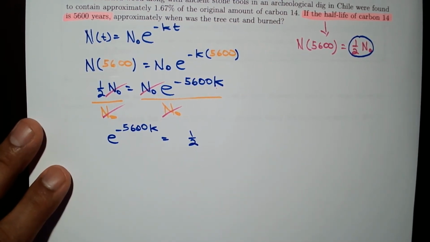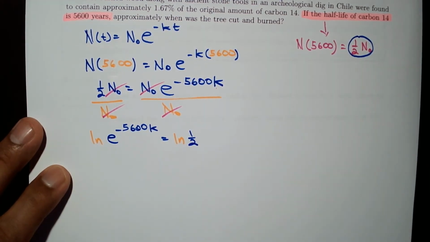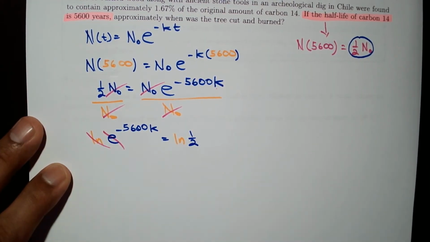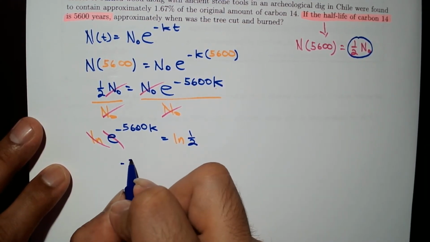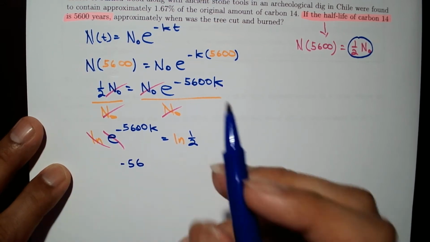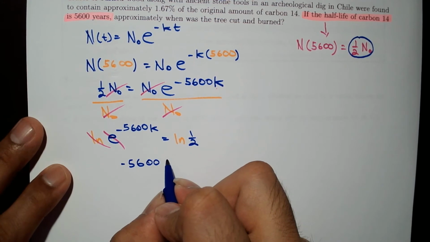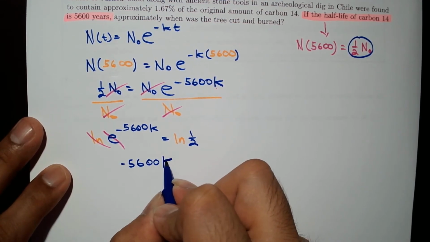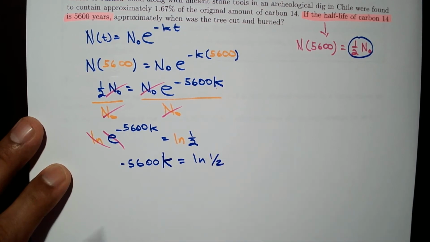And taking the ln of both sides, we get negative 5600k equals ln of 1/2.